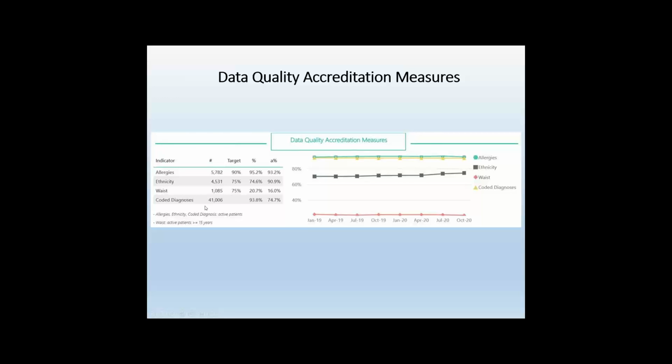There's some situations where there's not a coded diagnosis available. In that case, there's no choice but to free text your diagnosis, and it's not realistic to expect patient records all to be 100% coded. And then across to the right, we've got the graph showing how all those measures are tracking over time across the quarters.